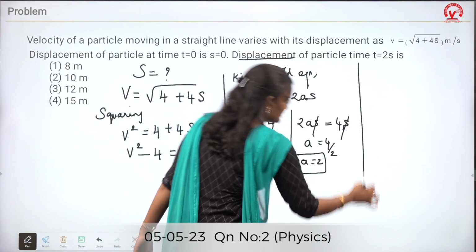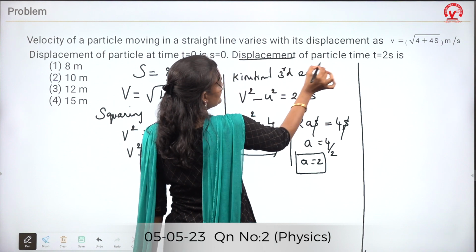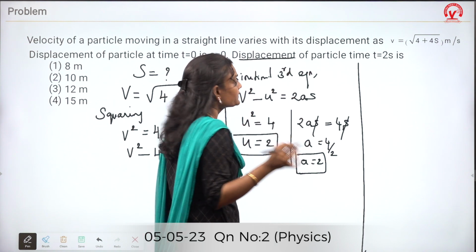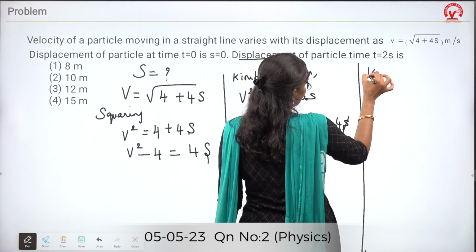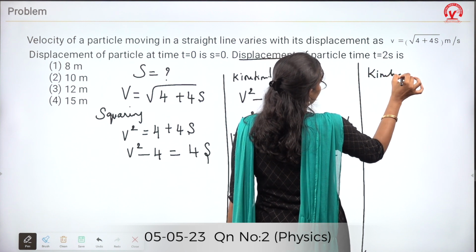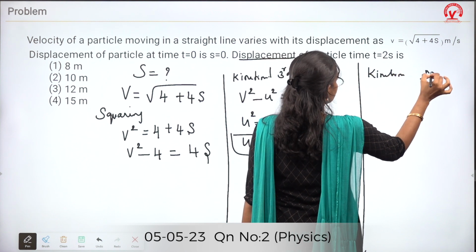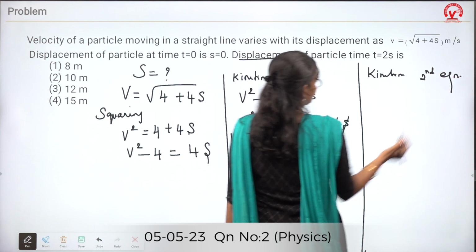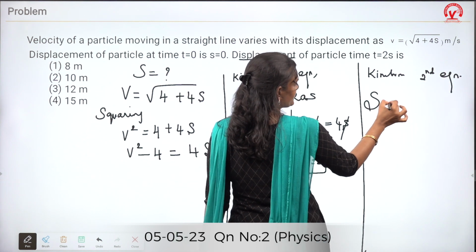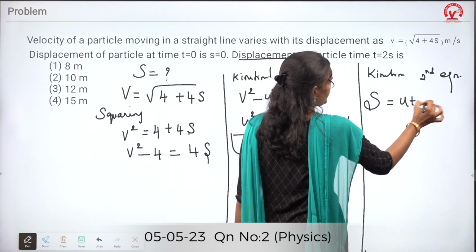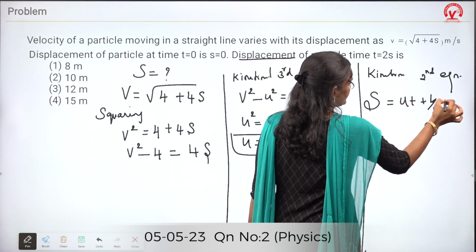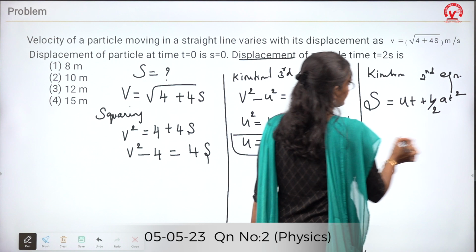Now our aim is to calculate the displacement of the particle in 2 seconds. So according to the second equation of kinematics, displacement S is equal to ut plus half at square.